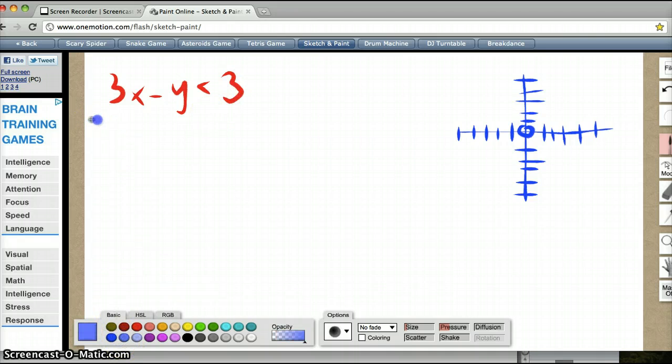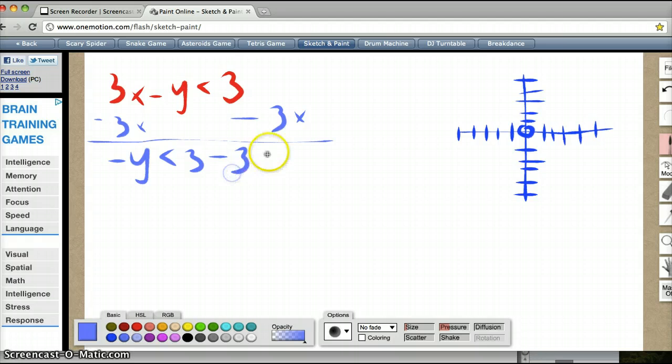So we're going to subtract 3x from both sides. And then we've got negative y is less than 3 minus 3x.